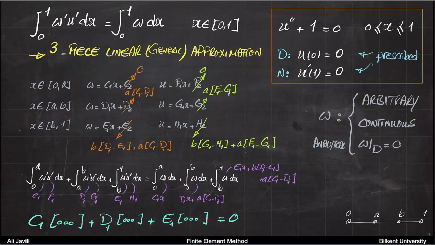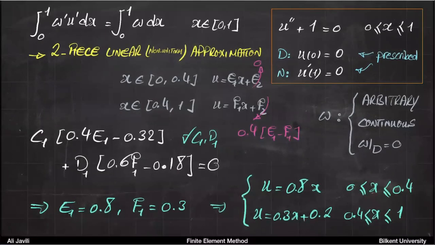Then you play exactly the same game as we played before. This looks like one equation and many unknowns, but it's not that bad because this has to hold for any C1, D1, and E1. Let me remind you of one of these that we have done before.